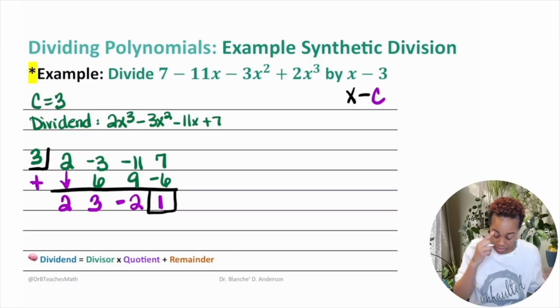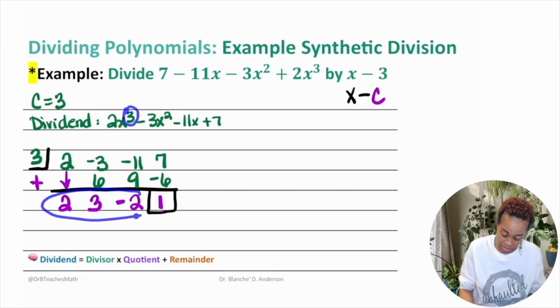Okay, that's the remainder. And then because my dividend started with x cubed, when I rewrite this, it's going to start with x squared. So this represents the x squared, the x, and then the constant, and then this is your remainder. Now when I rewrite this, I'm going to do it down here. This is going to be 2x squared plus 3x minus 2, right?